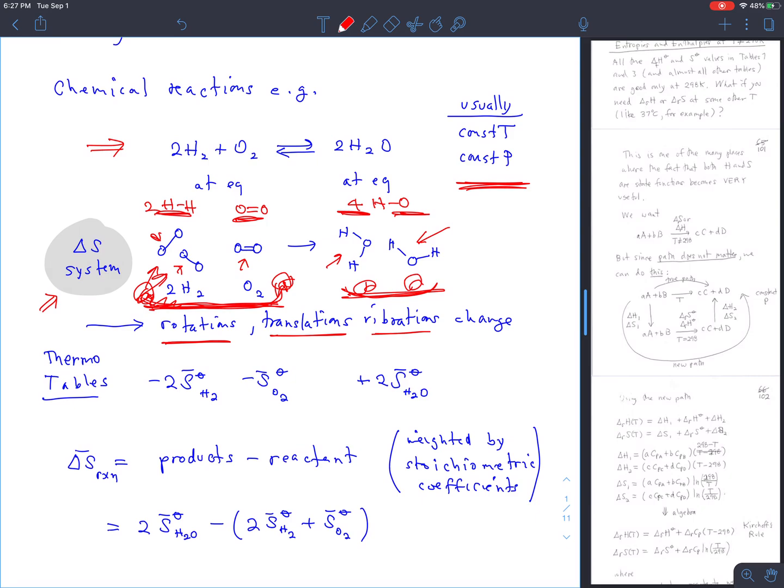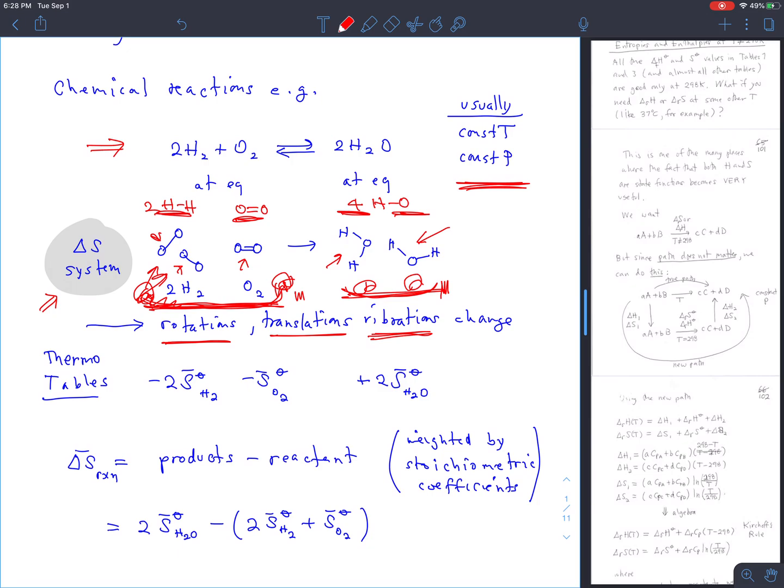So there's a total of 6 vibrations on the other side. So vibrations are going to contribute a greater amount of entropy on the product side than on the reactant side, but the vibrational contributions are rather small.